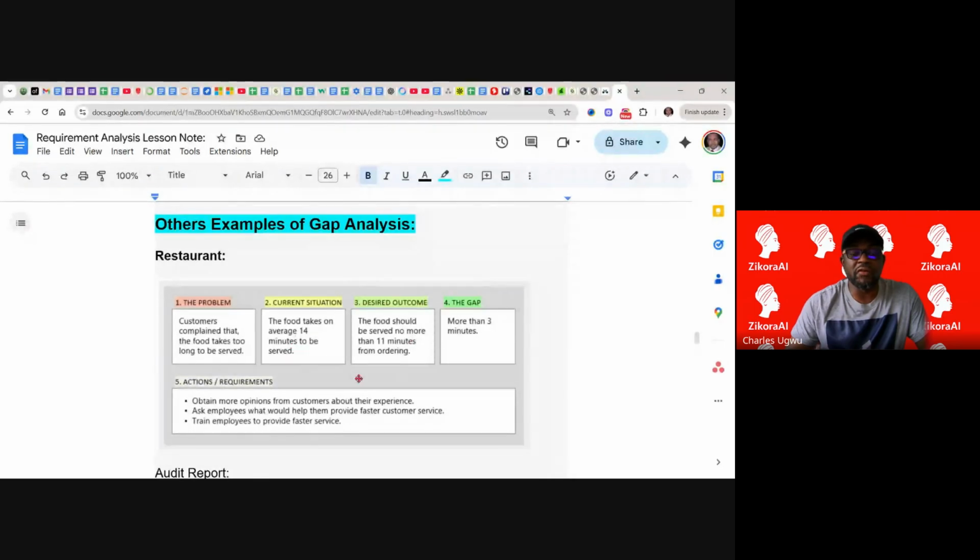With the survey or requirement gathering from the customers, understanding their preference, you know that the gap is 3 minutes. As a BA, you've already identified the gap. We find out that there is delay. The problem is delay. When there is delay up to 3 minutes upwards, customers are not going to be happy. So for your customers to be happy, you need to deliver within 11 minutes. Anything outside 11 minutes, customers are not going to be happy. That is the gap.